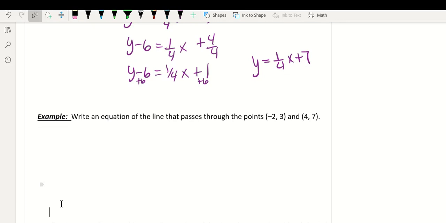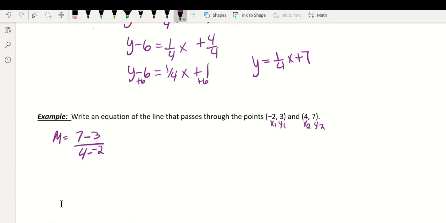So if you are given 2 points, no slope, that means you have to go find the slope first. Okay? So label your points: x1, y1, x2, y2. So for the slope, we end up doing 7 minus 3 divided by 4 minus negative 2.